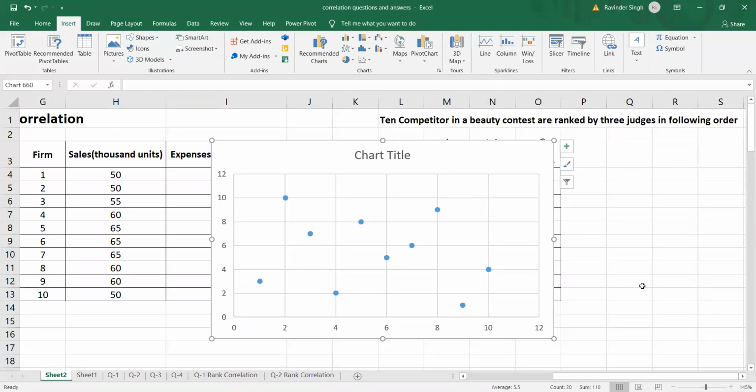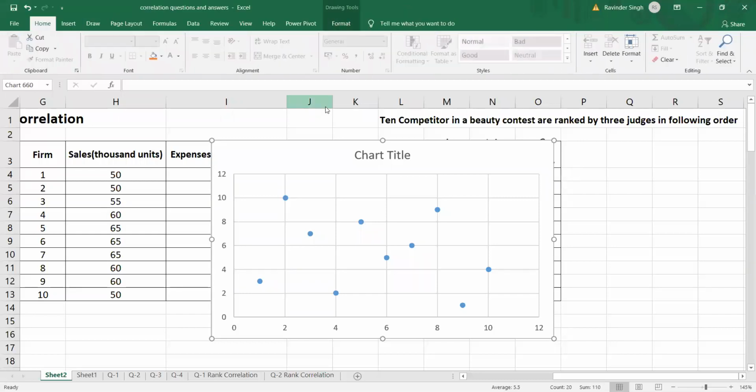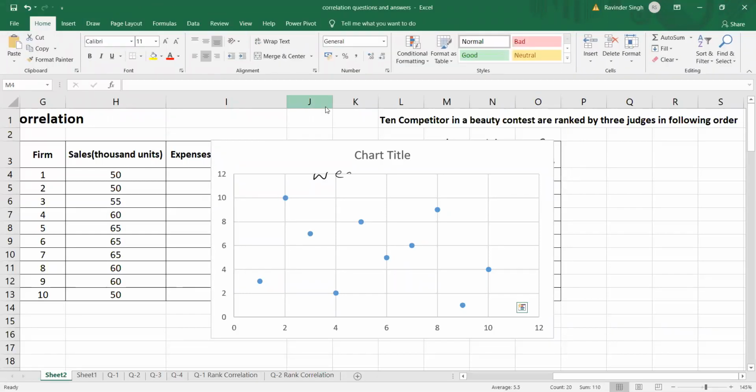I'm not getting any kind of strong pattern. So there is no strong pattern at all. It's a very weak correlation between X and Y. Because if you draw a straight line, trying to cover maximum points, it is not possible because points are going here and there.